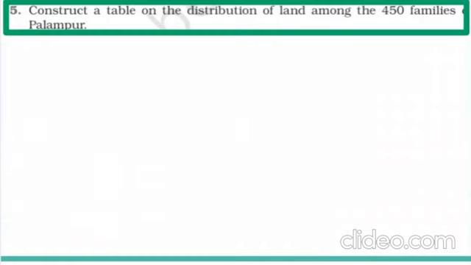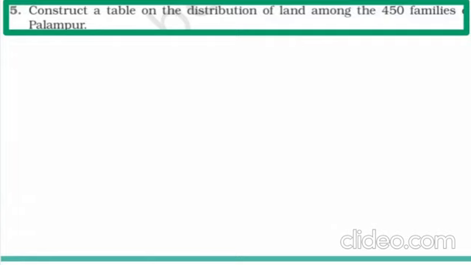Now, fifth question: construct a table on the distribution of land among the 450 families. Now, students, I had explained in the last video what the land distribution among the 450 families is, right? So, let's do that. We'll construct a table over here.